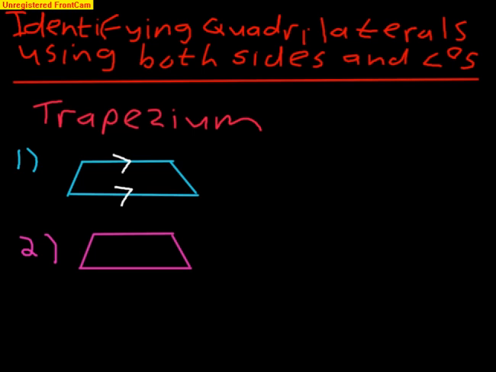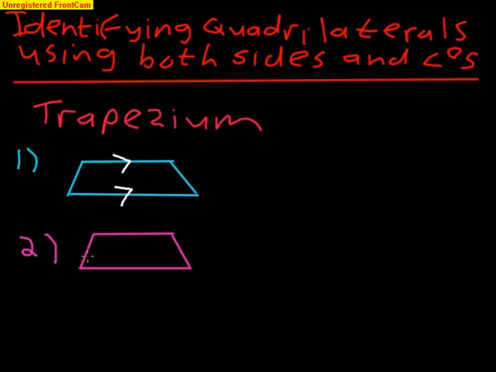The second way that we can uniquely classify it as a trapezium is if one pair of co-interior angles are supplementary, which means one pair of co-interior angles add up to 180 degrees.